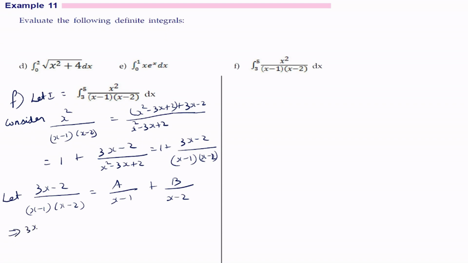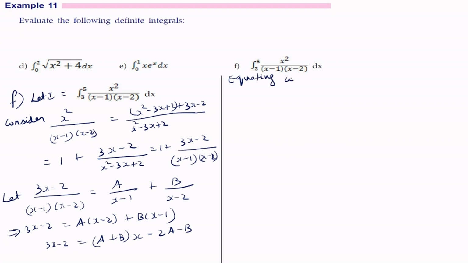So from this we get 3x minus 2 equal to A into x minus 2 plus B into x minus 1. Or from this we get A plus B into x minus 2A minus B. Left hand side we have 3x minus 2. So we can equate coefficient of x and constant terms on both sides.